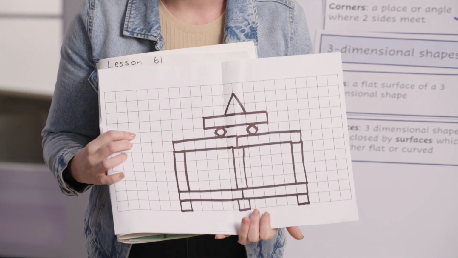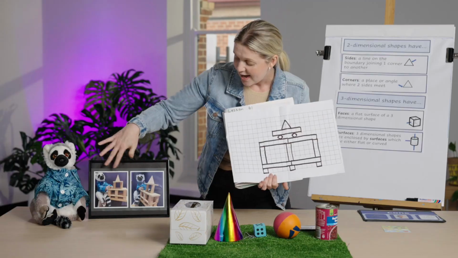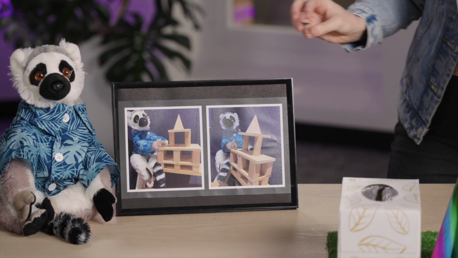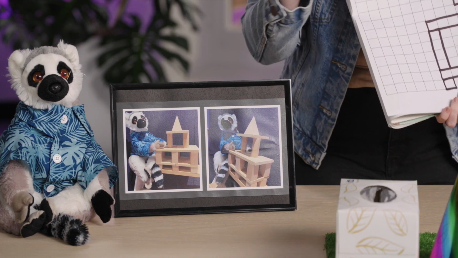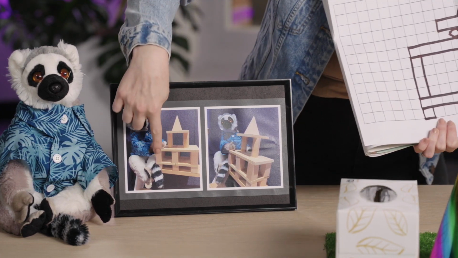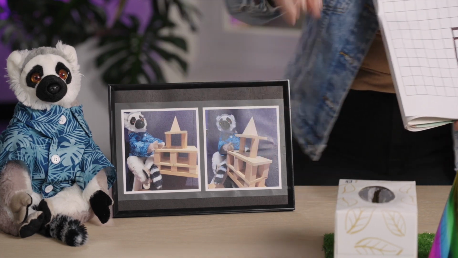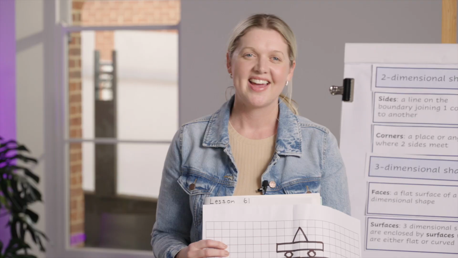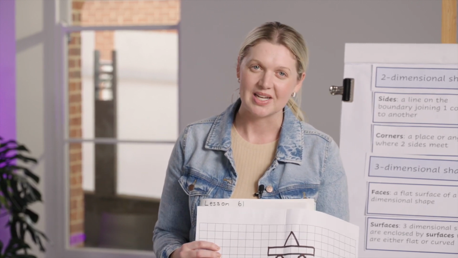This is the plan that I used, and you can see that the architects and the builders came together and decided that the model needed a few minor changes. So we've added a little extra height here and a little bit more stability here. I hope you enjoyed designing your treehouse or cubby house for one of your toys.